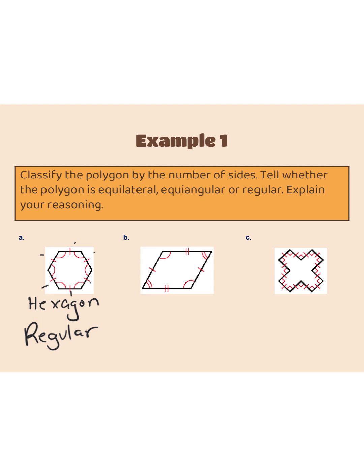Now this next one has 4 sides, so it's going to be a quadrilateral. And it's telling us it only has these 2 angles congruent and these 2 angles congruent.